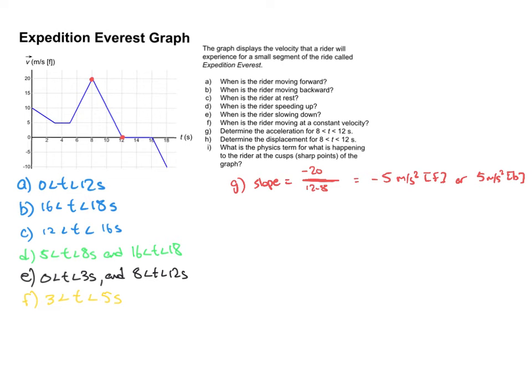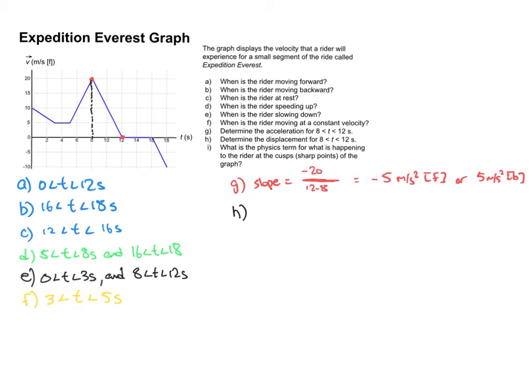Okay, and now H. Determine the displacement from 8 to 12. So the same interval of time. Now we're determining the displacement. And this one might not be as intuitive.